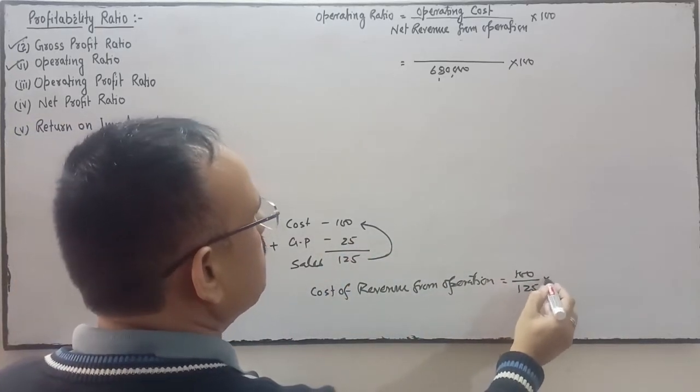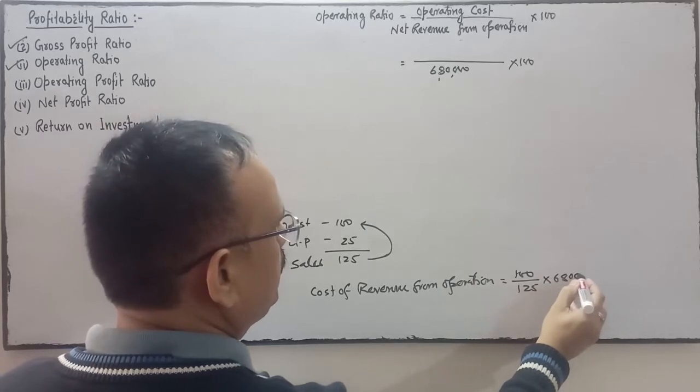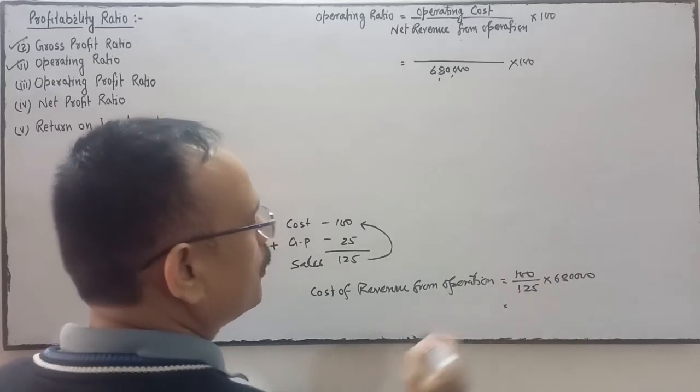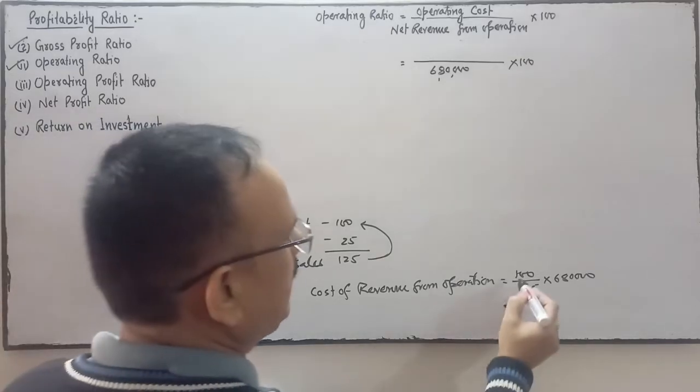So when the sales is 6,80,000, cost of revenue will be 100 upon 125 into 6,80,000.